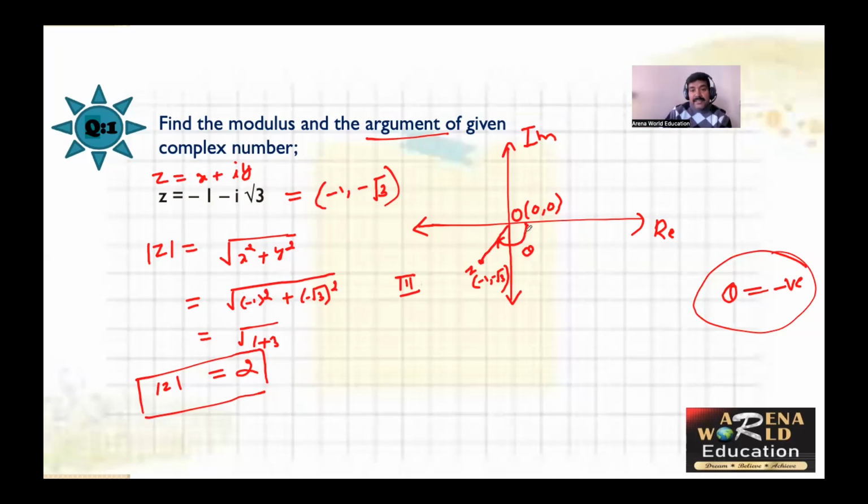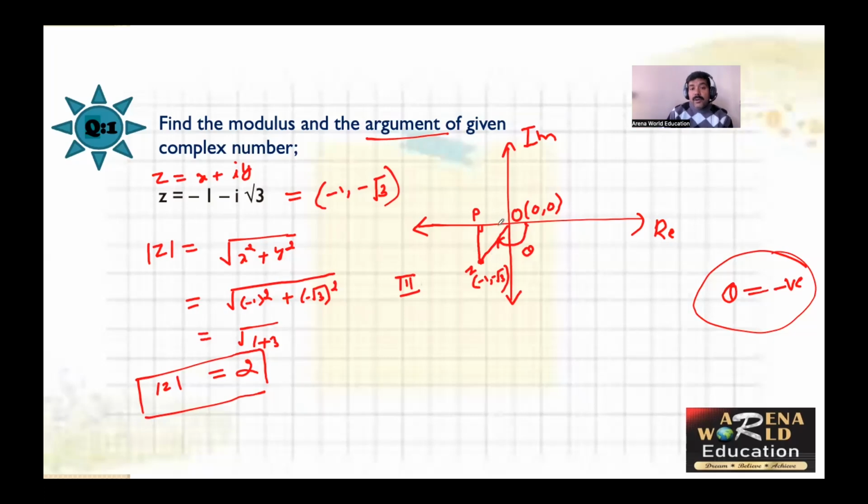But to find this theta value, we will draw a perpendicular from Z to the negative real axis. Now look at this one, (-1, minus under root 3). Suppose this is your P, with OP and PZ.